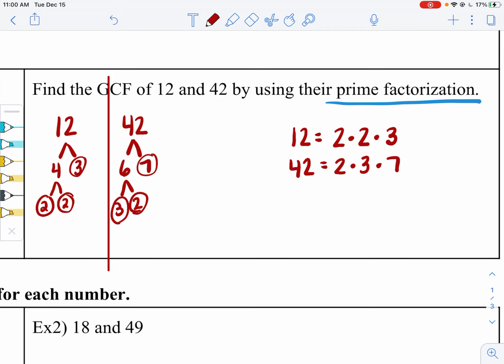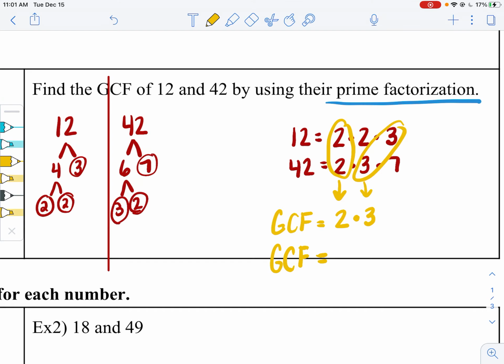Now, for the greatest common factor, what we're going to do is use all the ones that they have in common. So they have a 2 in common, a factor of 2, meaning multiplication. They have 2 in common, and they have 3 in common. So we're going to bring each one down into our greatest common factor, and we're going to multiply them.